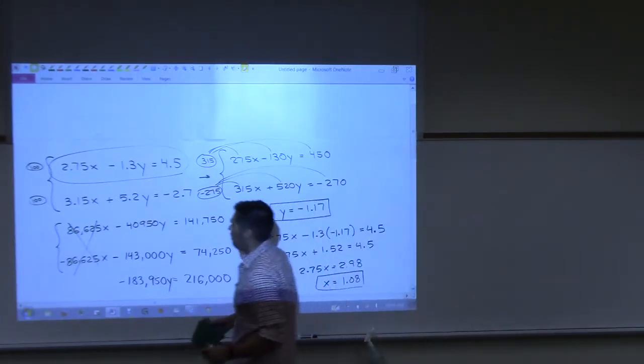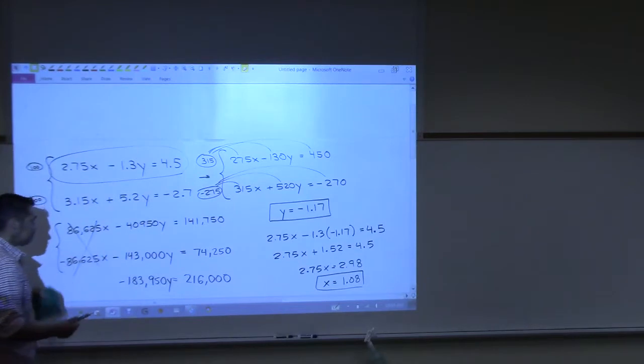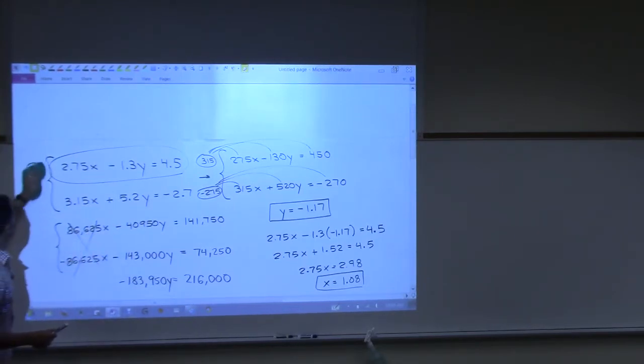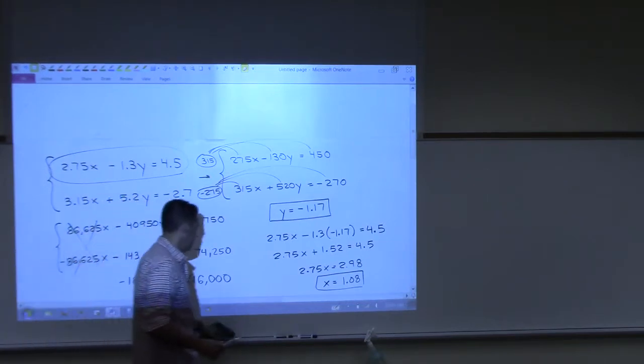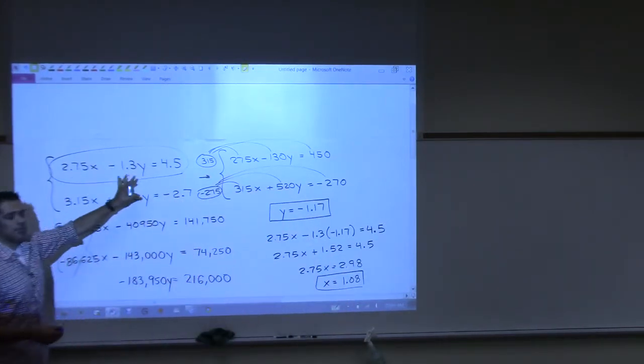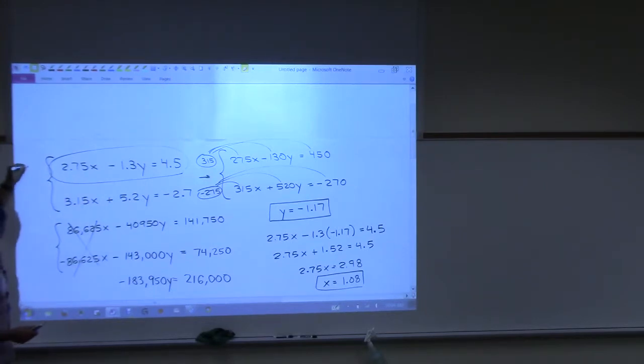Now, for those of you who may not have liked this, especially because I made the numbers real big, I just want to point out that you could have done this to start the problem. You could have just done this, not moved the decimals at all, and just done like 3.15 here and negative 2.75 here. So this one here, opposite in sign.